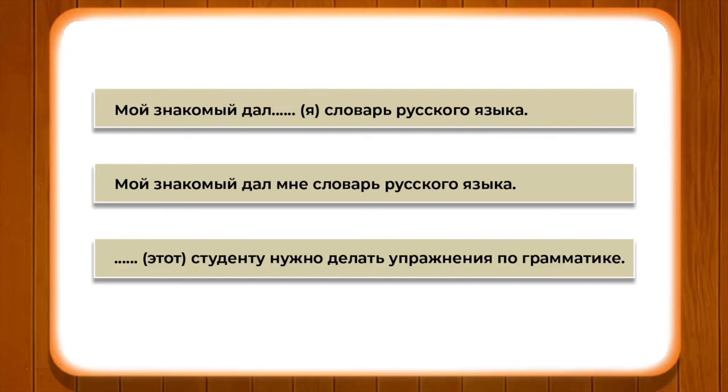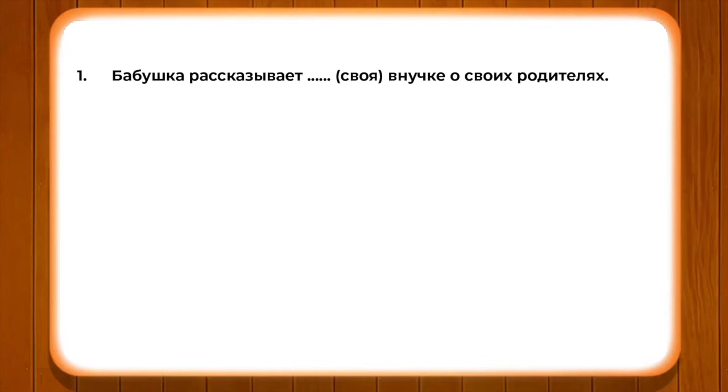Now let's go ahead and pay attention to a few more exercises. So number 1 is Бабушка рассказывает своя. So it is a feminine gender noun. Внучка changes into своей внучке о своих родителях. Бабушка рассказывает своей внучке о своих родителях.